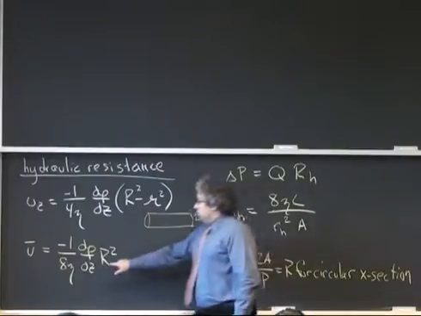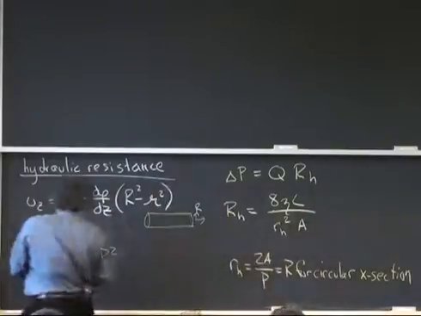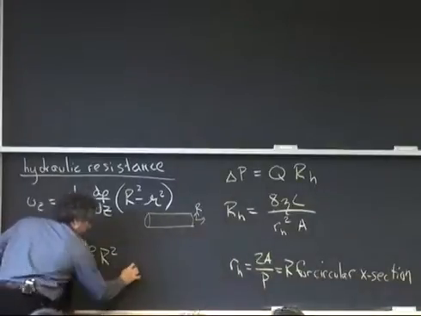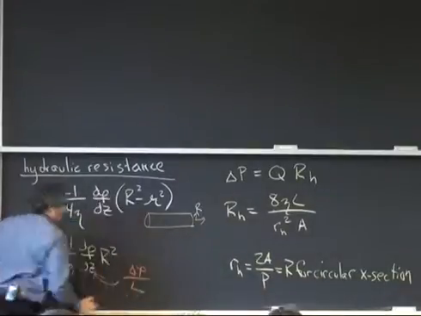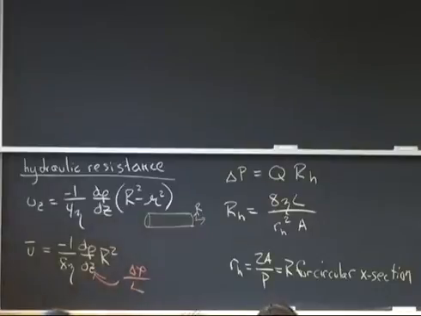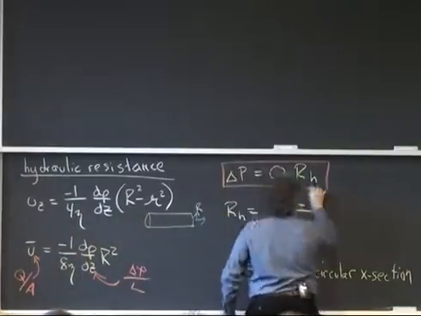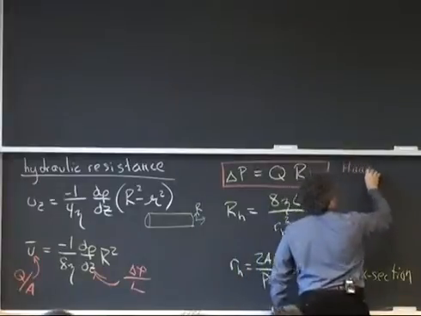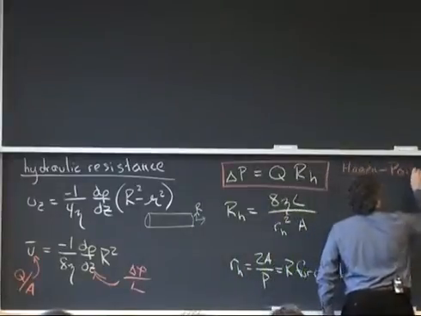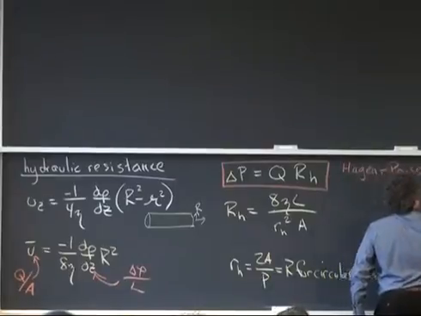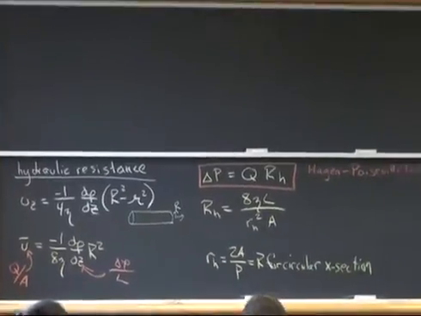Now this, if I then took dp/dz and wrote this as delta p over L, and if I took this mean velocity and I wrote it as a volumetric flux normalized by a cross-sectional area, we were able to rearrange that into this form, which is the Hagen-Poiseuille law.